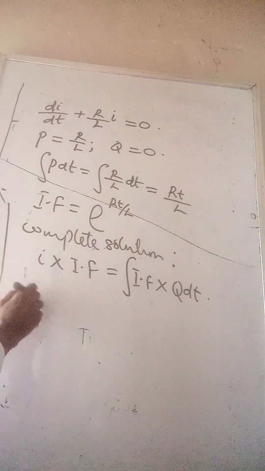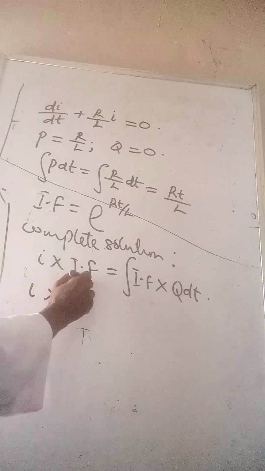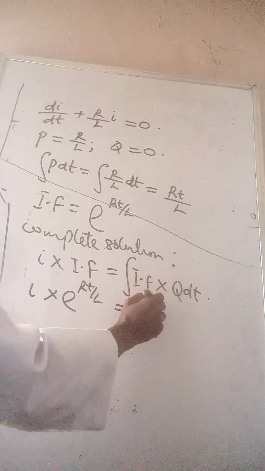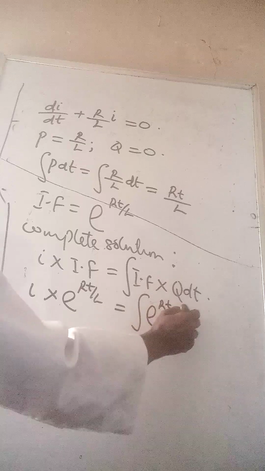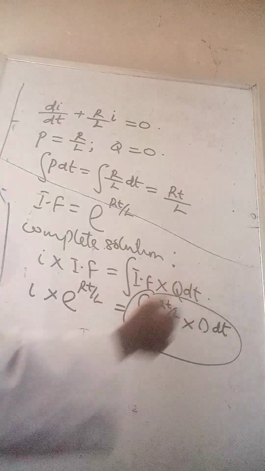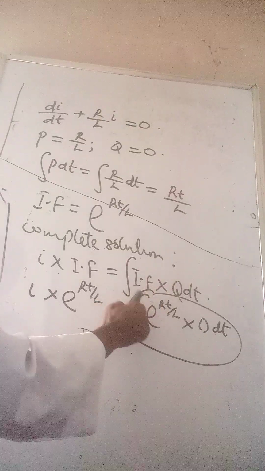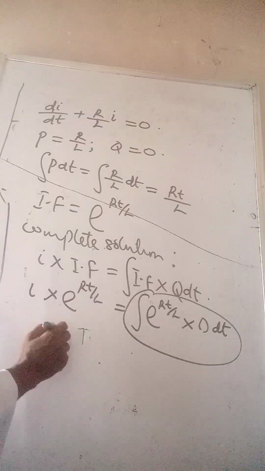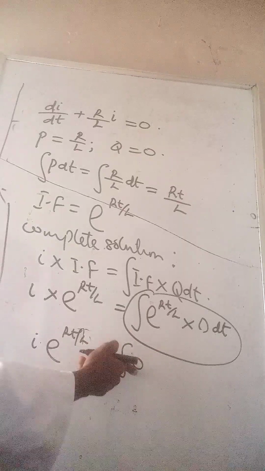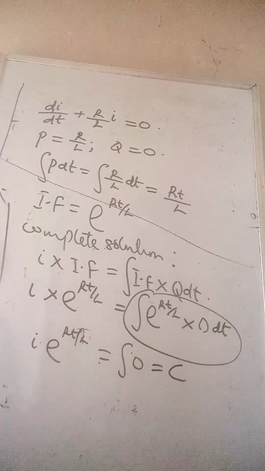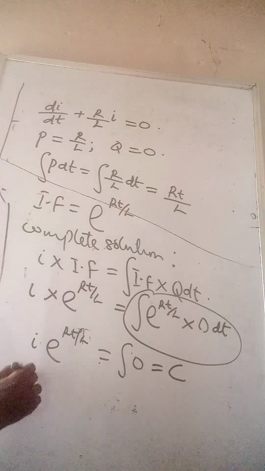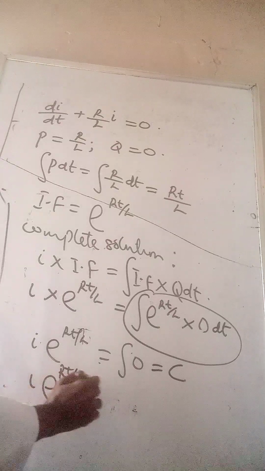That means i times e to Rt over L equals the integral of e to Rt over L times 0 dt. So the whole of this will be 0, because 0 times this is 0. So if you integrate, we are going to have i e to Rt over L equal to the integral of 0. And the integral of 0 is a constant. So that means we have i e to Rt over L equals C.